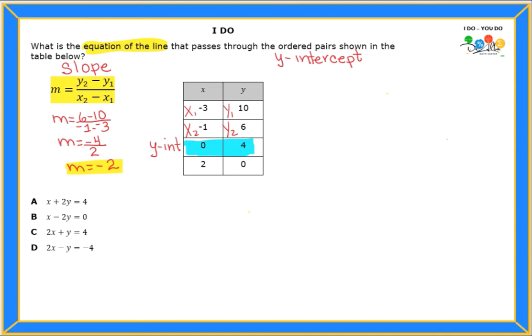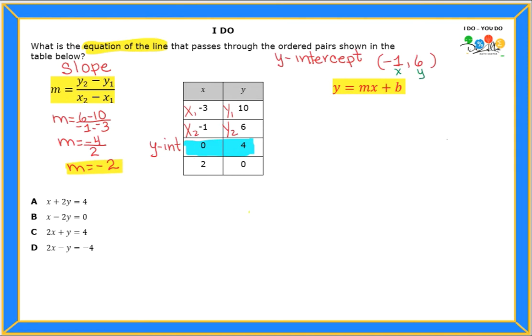What if I really want to work it out? What if you say, you know what, I'm not sure that you're right, Ms. Fernandez, about the y-intercept being 4? That's perfectly fine, and I have the equation for that. I'm going to choose 1 point, negative 1 and 6, where negative 1 is x and 6 is y.